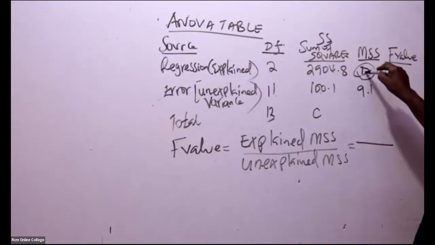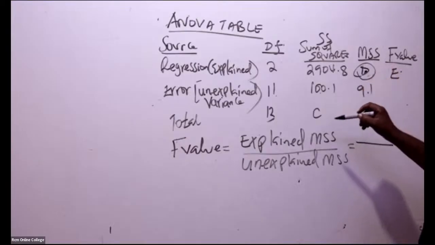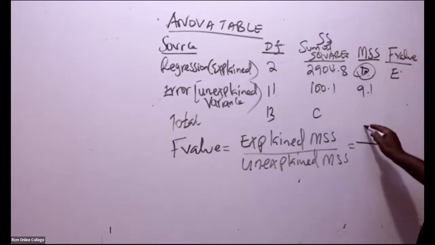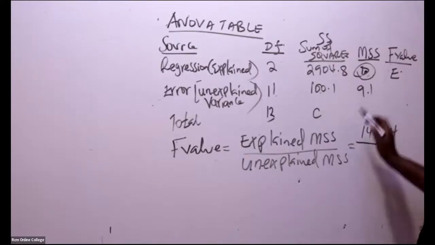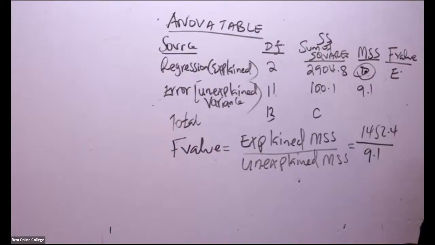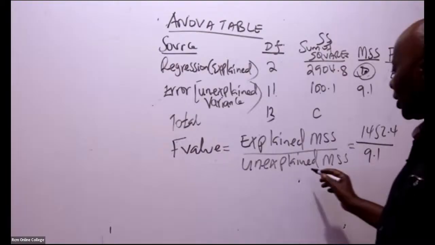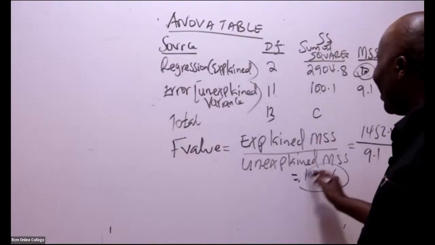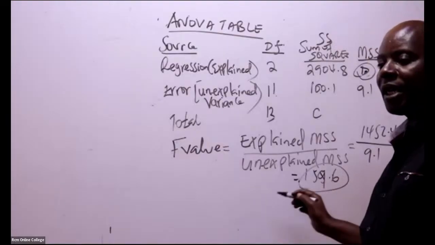So D equals what? 1452.4 divided by unexplained mean sum of squares, 9.1, will give us the F ratio. So they're getting here 159, which is really, really high. Very good. The higher it is, the better the predictor.